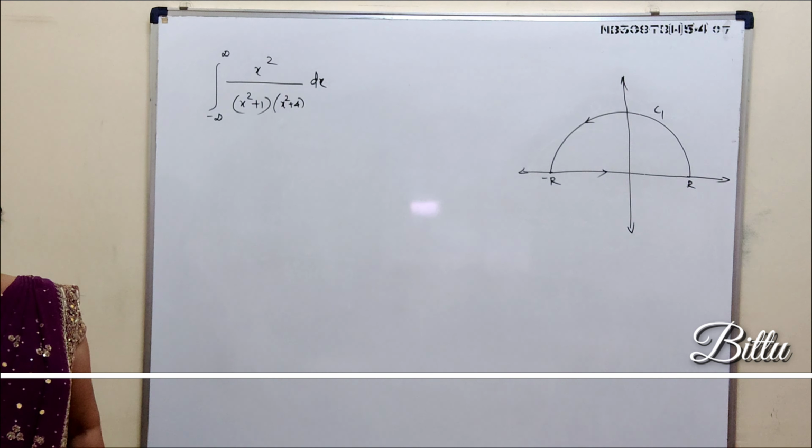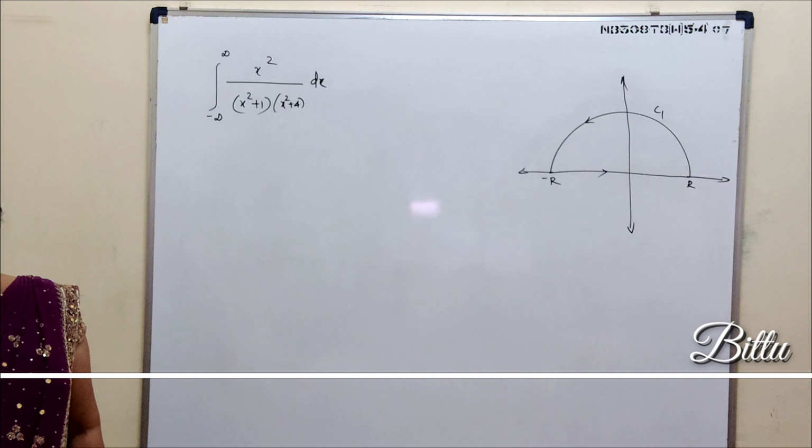For applying residue theorem, first we have to notice the singularities of f which lie within C. Clearly the singularities of f are i, minus i, 2i and minus 2i.